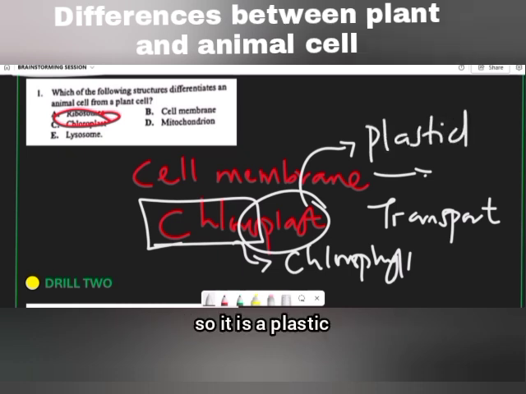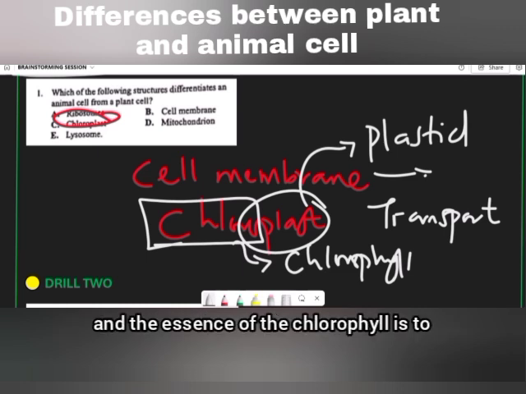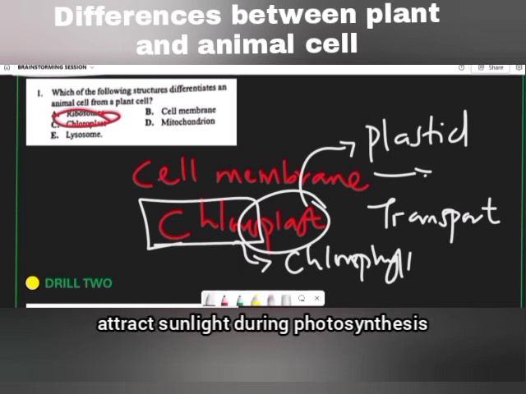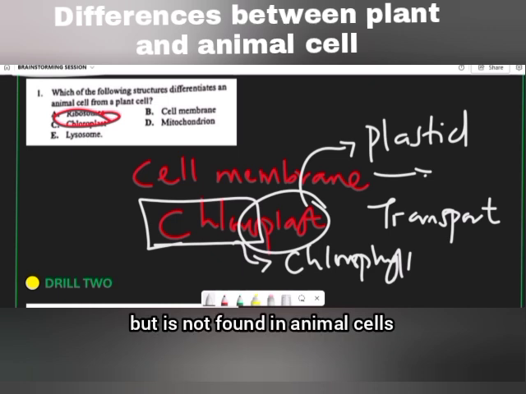So it's a plastic that contains chlorophyll; we call it chloroplast. The essence of the chlorophyll is to attract sunlight during photosynthesis when the plant is about to produce its food. So our chloroplast is found in plant cells, but is not found in animal cells. That means our answer is option C. But before then, let's consider other options.